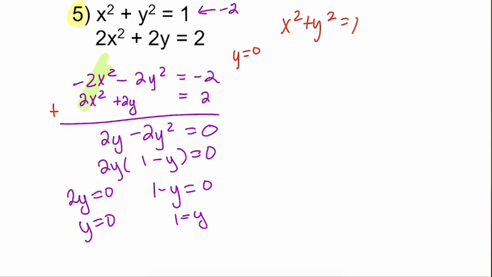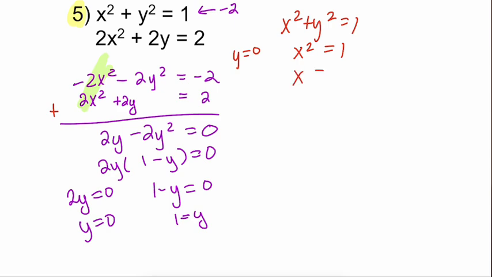First, let's plug in y equals 0. So we get that x squared equals 1. Now, how do we undo an x squared? How do we solve for x? Square root it. What do we always have to remember to put in front of a square root? Plus or minus. Don't forget that, or you'll lose half your solutions.